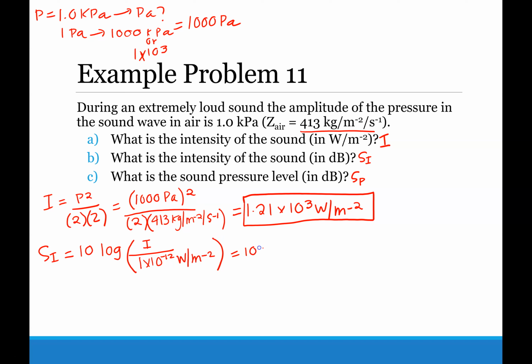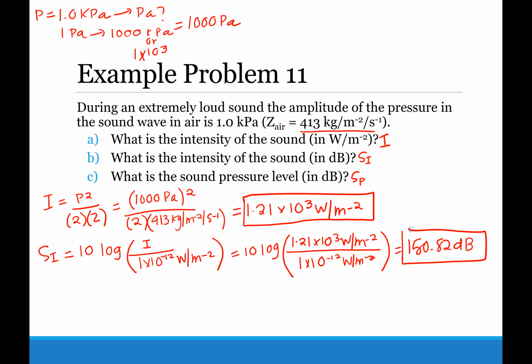So that's going to be 10 log I that we calculated up here, so 1.21 times 10 to the third W meters minus 2, divided by 1 times 10 to the minus 12 W meters minus 2. And so you'll put this in the calculator the same way you did problems 9 and 10. And so when you do that, you'll find that the sound intensity is 150.82 decibels. So that's the answer to B.